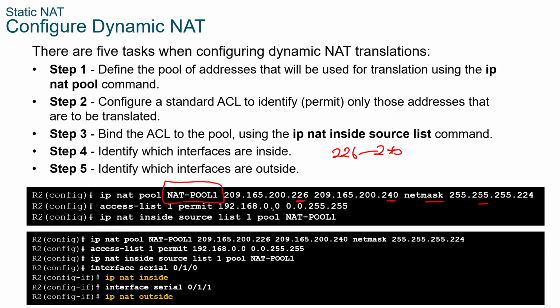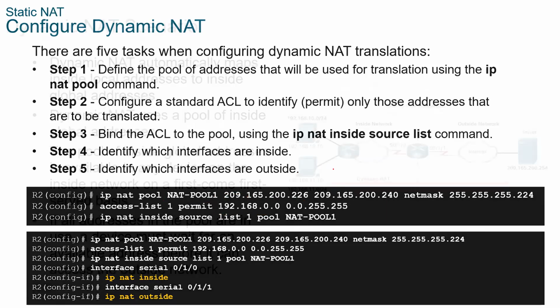In this example, you can see all addresses in the network 192.168.0.0 are allowed. So those are the addresses that will be permitted to get addresses from this pool.